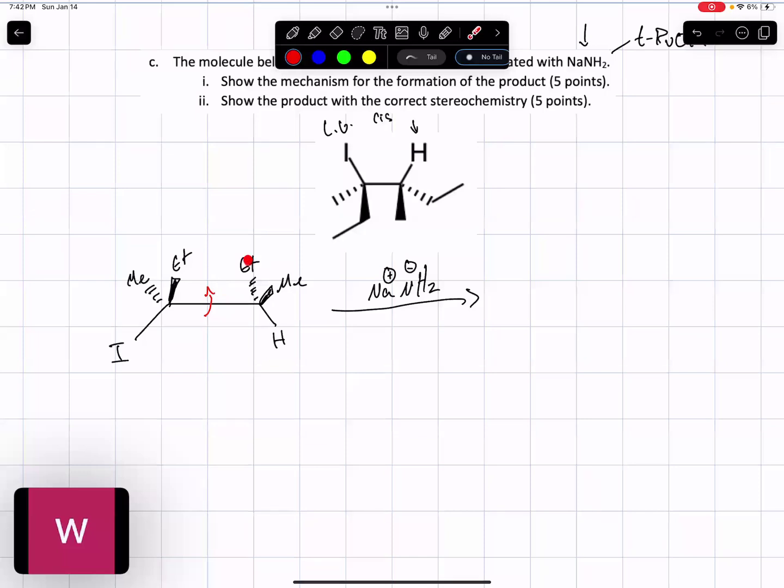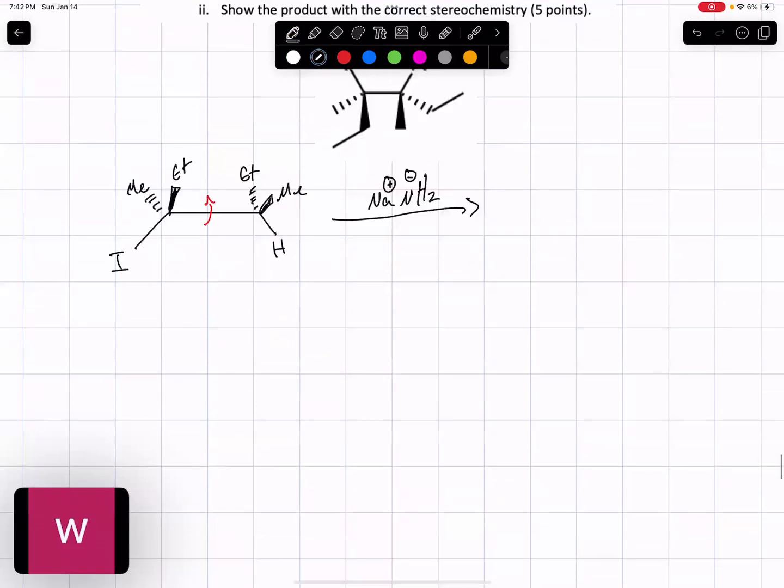Think of your pinky now that was originally pointing away from you, like twist your hand. Now, this ethyl group is going to be pointing towards you. View your hand, look at your hand, rotate it counterclockwise. Your pinky or this ethyl group is going to be pointing towards you. So let me just redraw this.